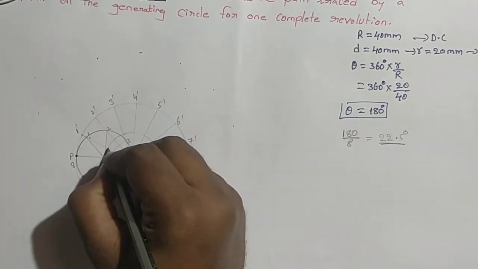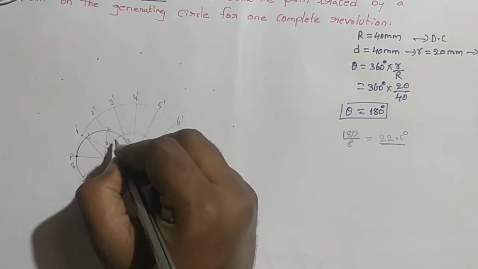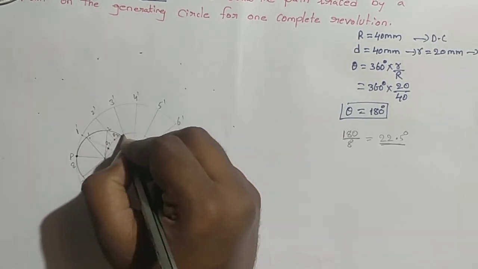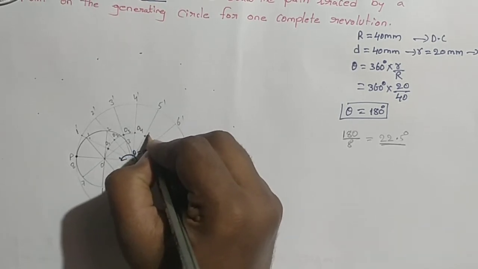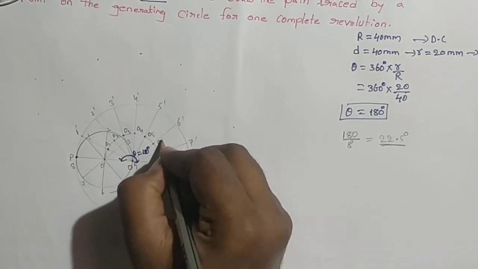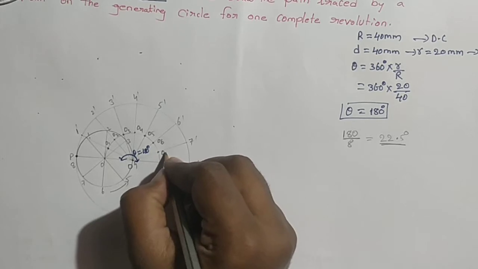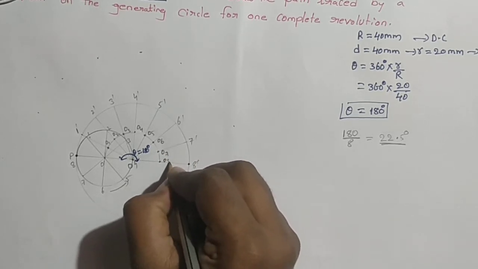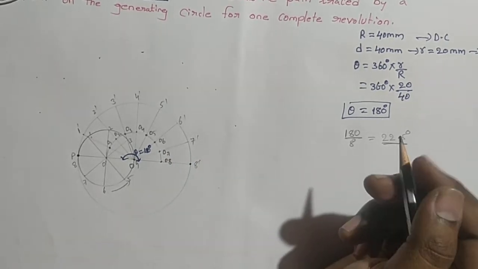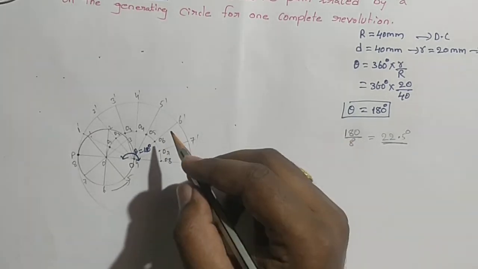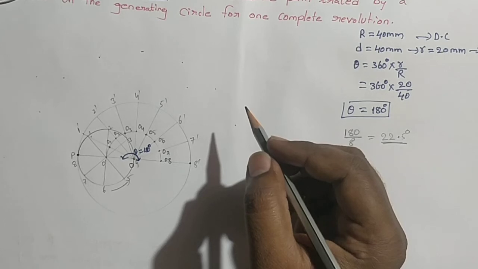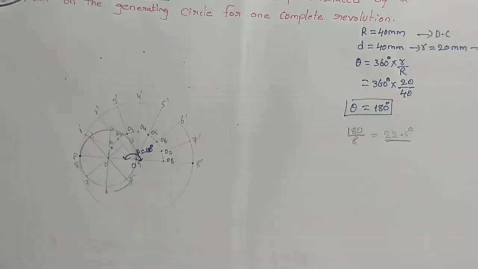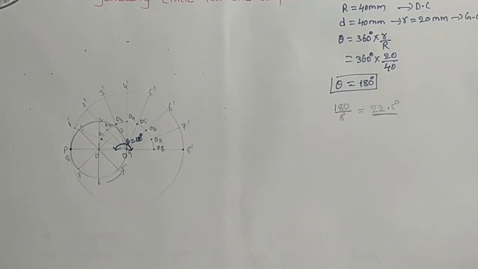It is O, and this one is O1, O2, O3, O4, O5, O6, O7, and this one O8. Now we got the locus points, O1 up to O8.